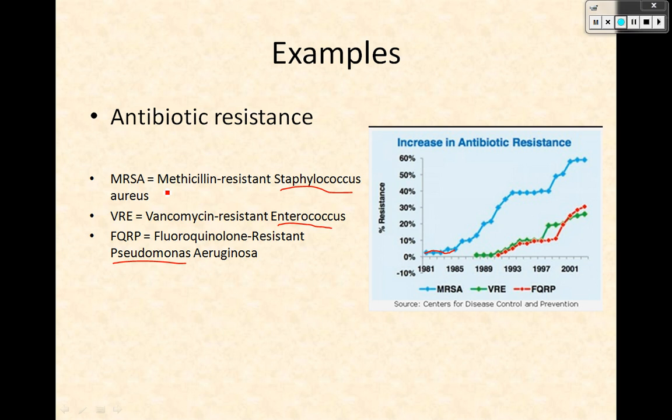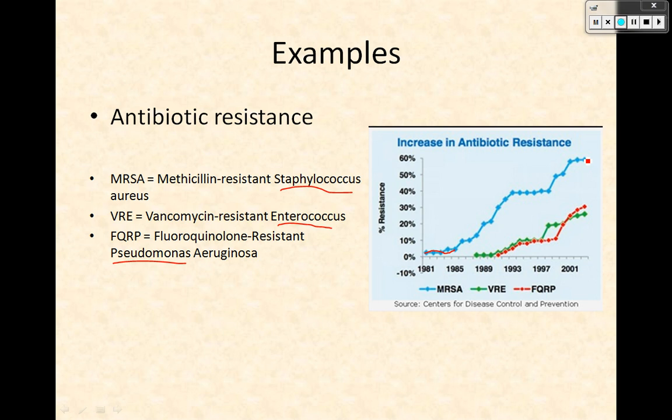We now call it MRSA, methicillin-resistant Staphylococcus aureus. But over time, as we've used more and more antibiotics, and so, in a sense, it created an environment where being resistant was advantageous to the bacteria, we see a huge increase in antibiotic resistance.